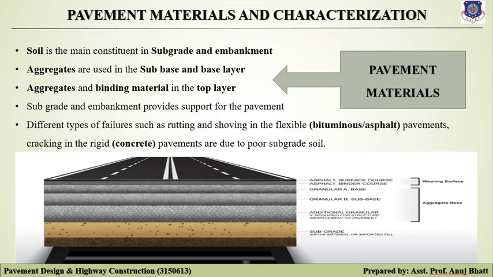If your subgrade and embankment are loose, your pavement will not bear the maximum load and it fails. So there are different types of failure, such as rutting and shoving in the flexible pavement, in which generally we use bitumen and asphalt, and we have also seen cracking in the rigid pavements, which are made of concrete, due to poor subgrade soil.